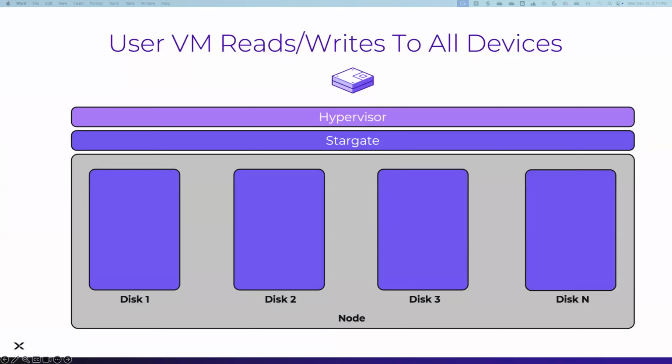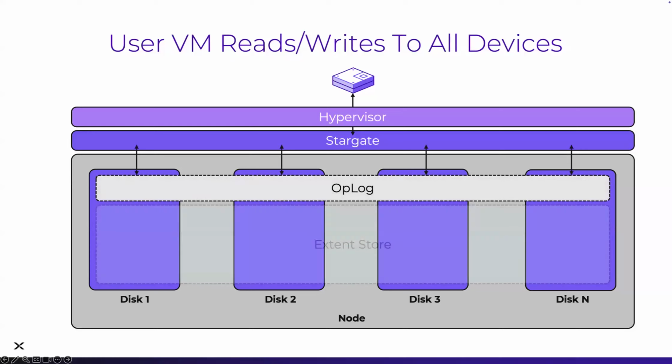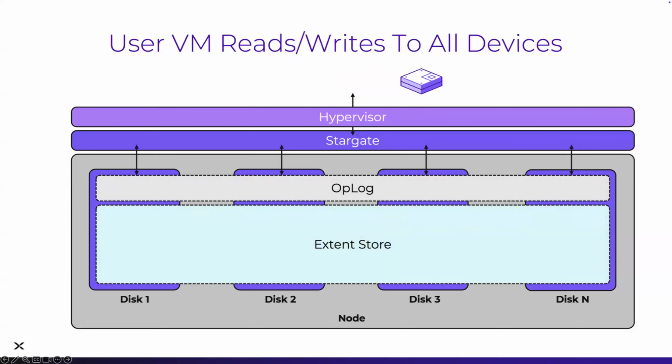But let's go over performance, right? So this is what it looks like when you do read and write. We have what we call a hypervisor pass-through. We're actually going to write data and pass through the hypervisor as well for faster performance. It's going to go through Stargate, which is kind of our data mover.